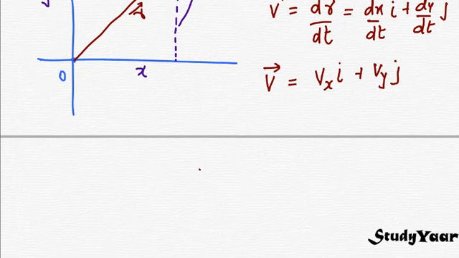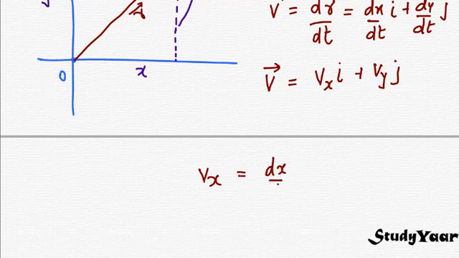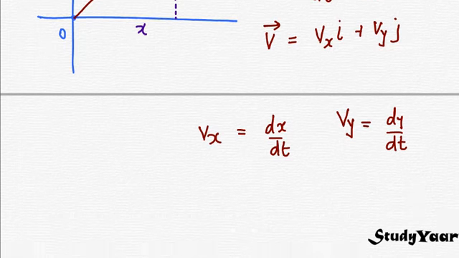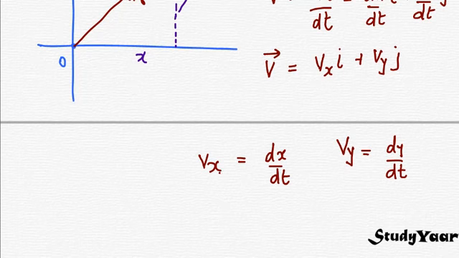Therefore, my component in x direction is equal to dx by dt, and my component in y direction is equal to dy by dt. Okay, so these are the rectangular components of your velocity.